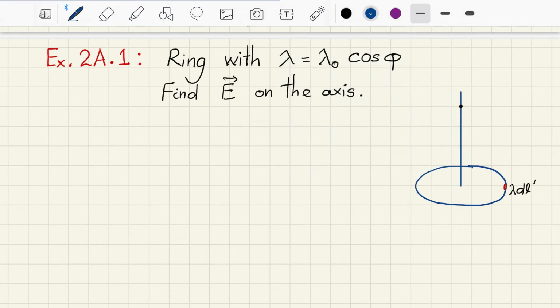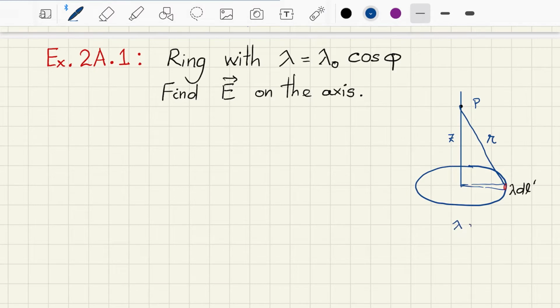So I draw the vector. This is my r source. This is my field point, and this is my source. This is the point P, let's say, where I want the field to be calculated on the axis. This is at a height z.